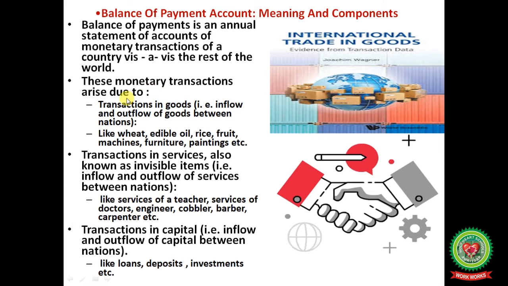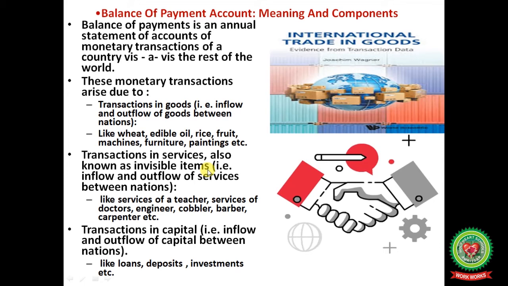These monetary transactions arise due to transaction in goods, that is inflow and outflow of goods between nations like wheat, edible oil, rice, fruit, machines, furniture, paintings, etc. and number of other goods are there. Next one is transaction in services, also known as invisible items.